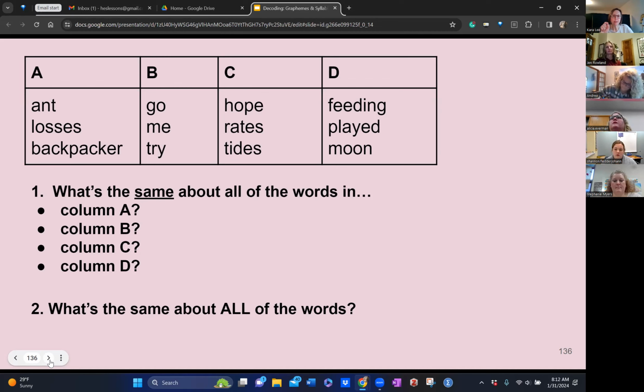What's the same about all of the words in column A? Think. Okay, your turn.